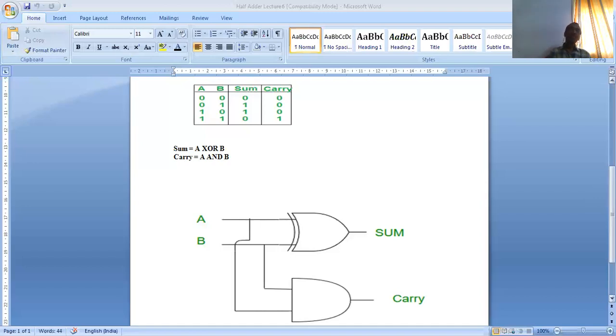Whenever I am assessing your answer sheet, when that answer sheet comes in front of me, I will see whether the XOR gate is there in its place, and the AND gate is there in its place.